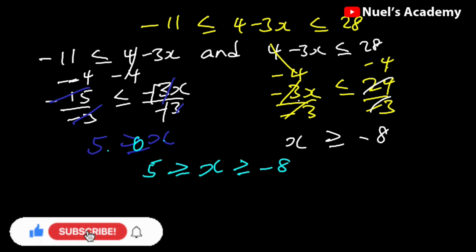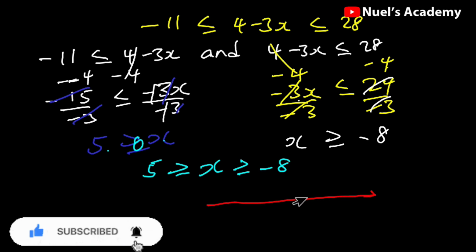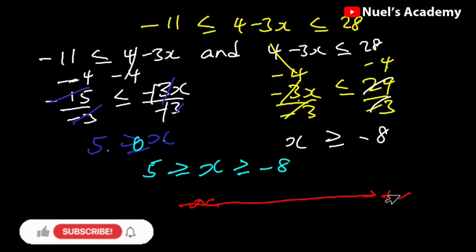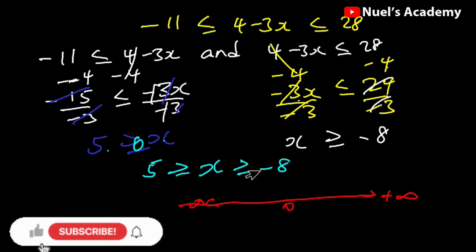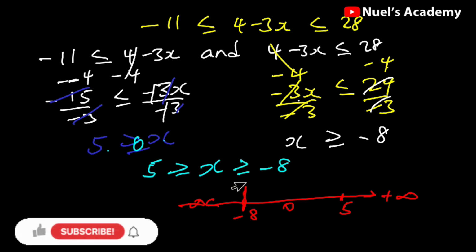So let's represent it on a number line. We have negative infinity, positive infinity, and then we have 0 here. So -8, let's assume it to be here, and then 5, let's assume it to be here. -8 is associated with a weak inequality, so it's going to be a closed circle, pointing to the right hand side, because this is greater than or equal to -8.